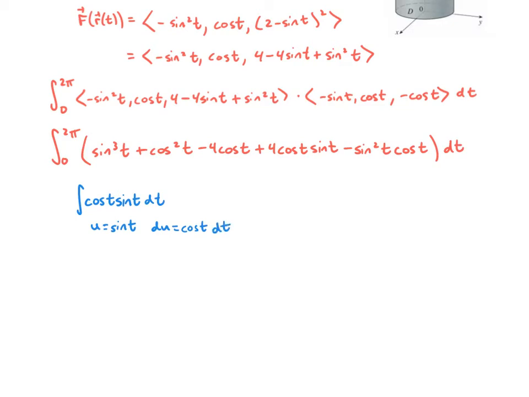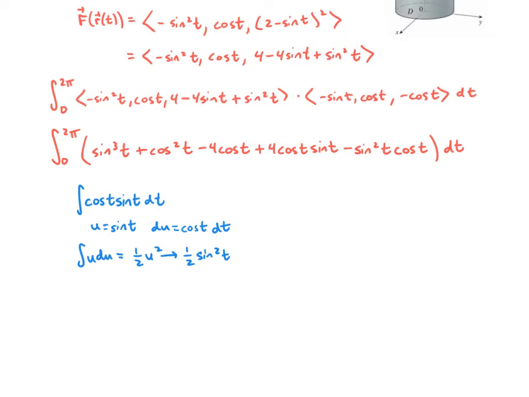So we have the integral of u du, which is 1/2 u squared, and we'll convert back, so what we'll get is 1/2 sine squared t. Don't forget, we're going to have to ultimately multiply that by 4. We're just doing the work initially to do our u subs.